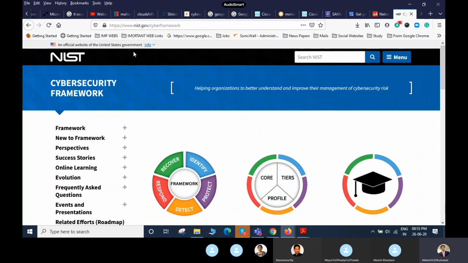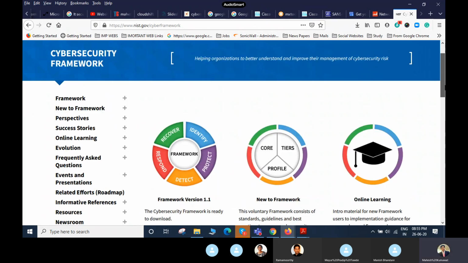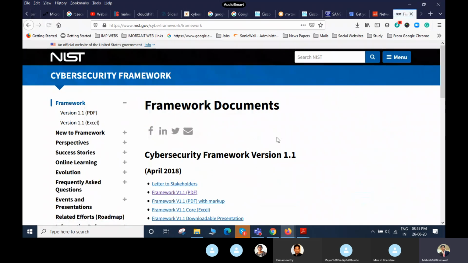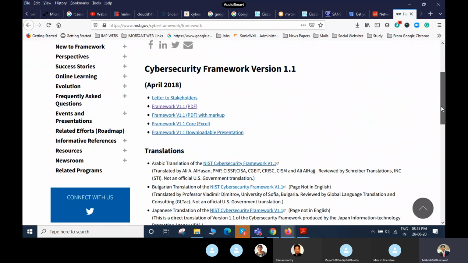If you are able to see the screen, this is the cybersecurity frameworks. Just go into this and find out different things. So we have different frameworks we're talking about here.